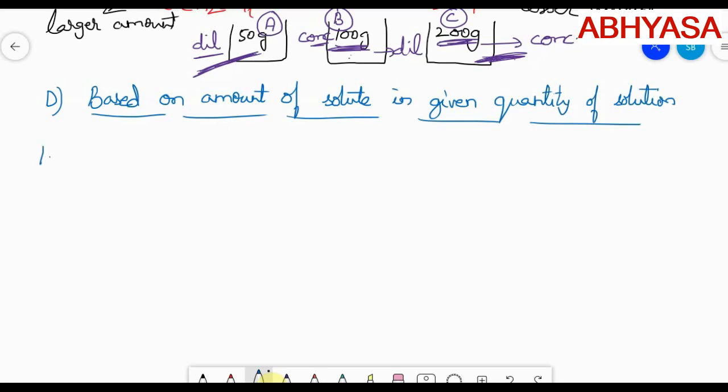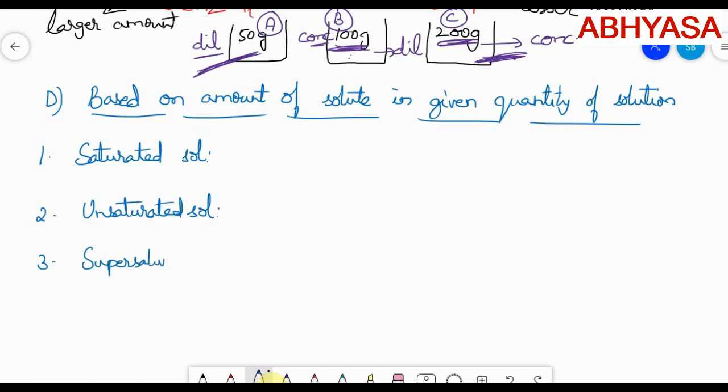One, we call it a saturated solution. Second, we call it an unsaturated solution. Third is the supersaturated solution. Let us understand these 3 terms: saturated, supersaturated, as well as unsaturated.